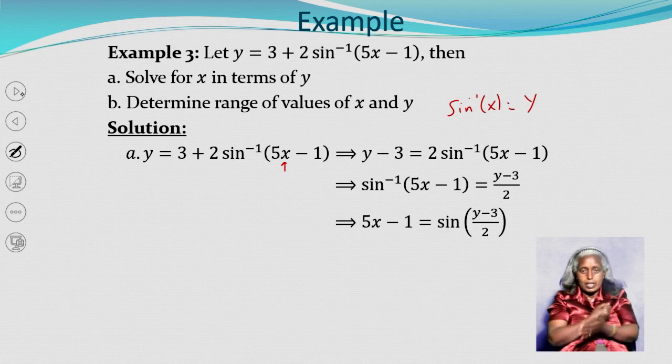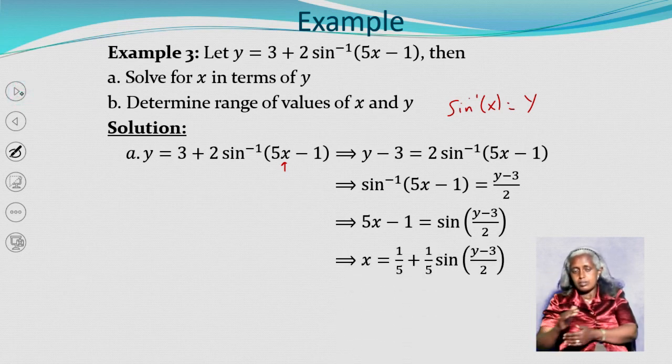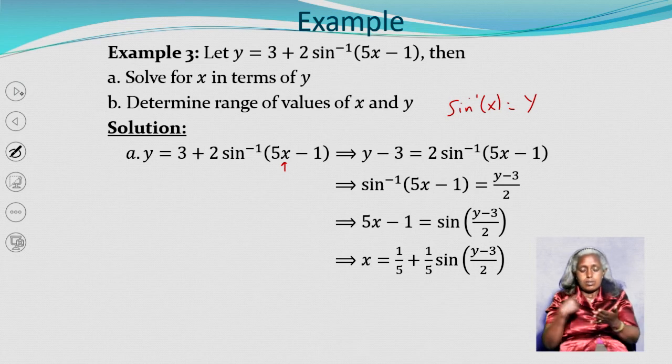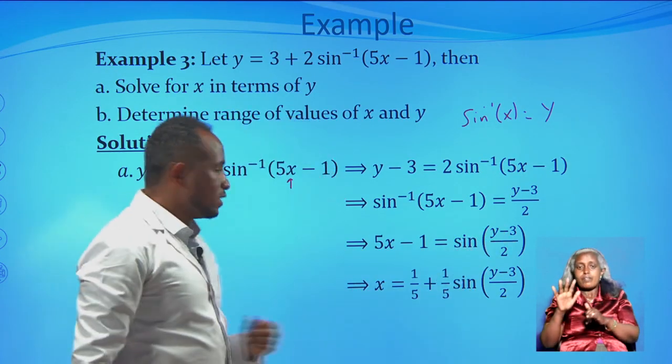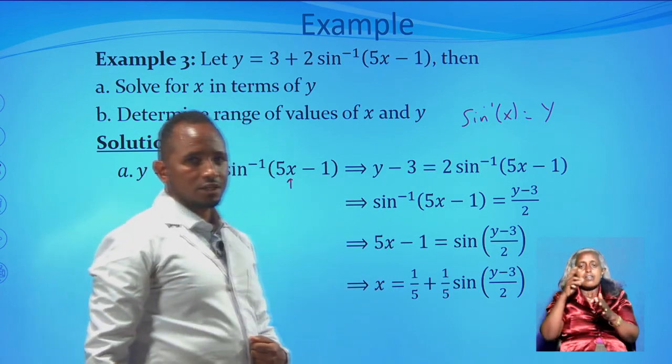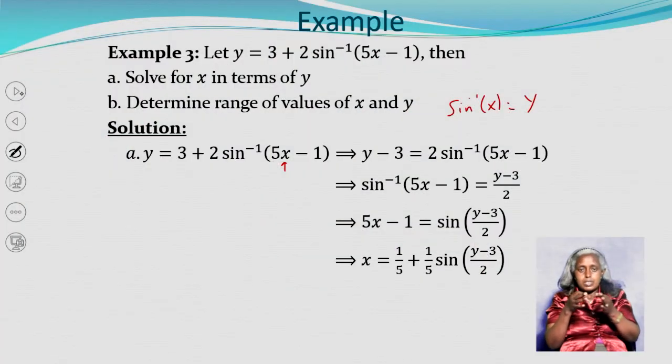Taking 1 to the other side, and dividing by 5, x is equal to 1 over 5 plus sine of y minus 3 over 2, over 5. So this is the value of x when it is expressed in terms of y.